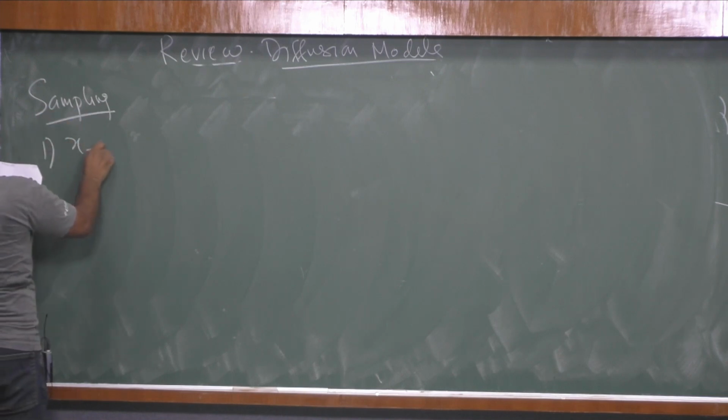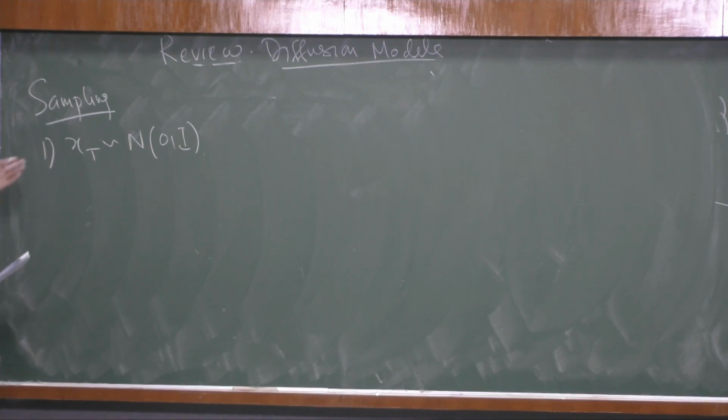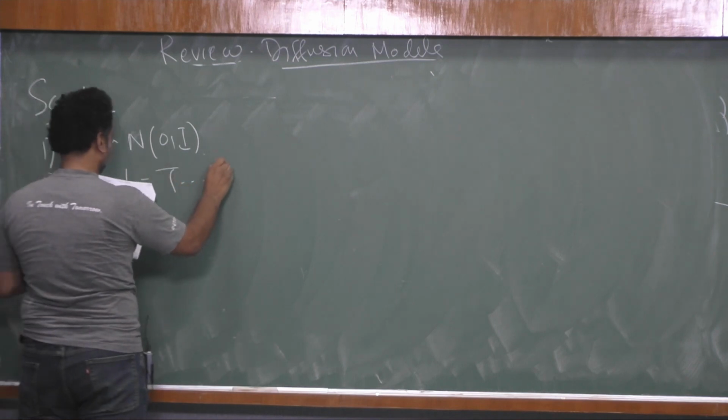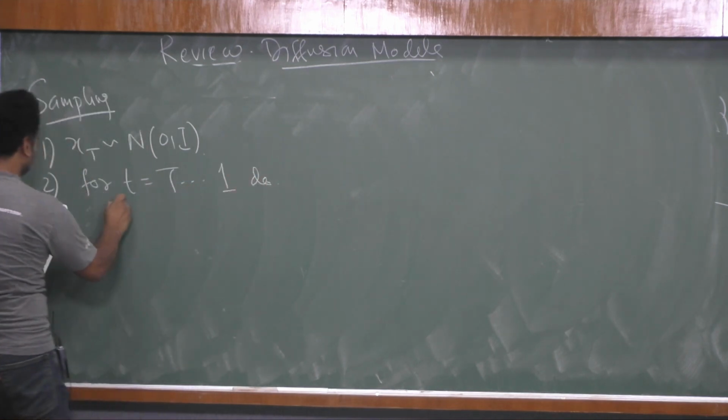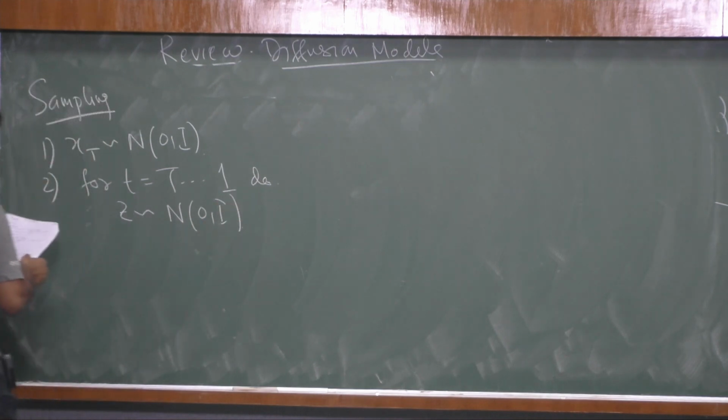So first step, xt. As usual we take this from our standard normal, and then we do a for loop, t equals T down to 1, do z from normal 0, I, and then xt. So this is our third step.